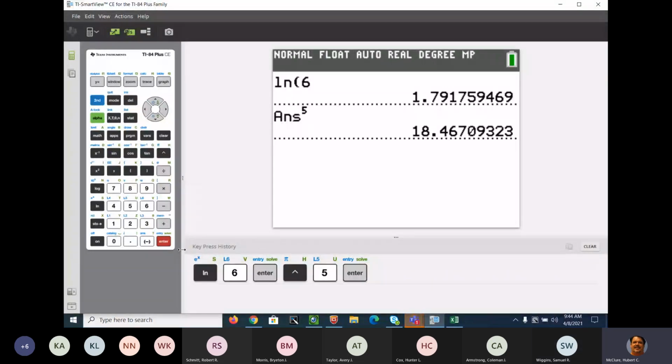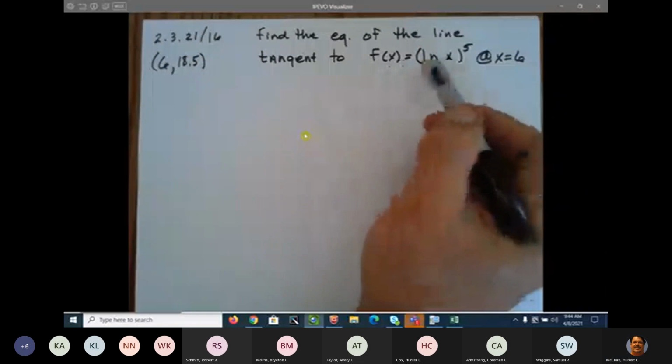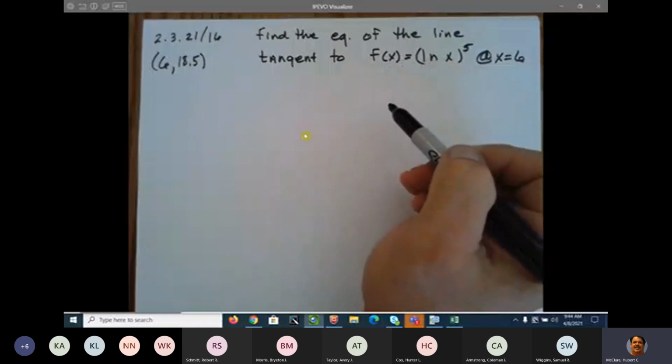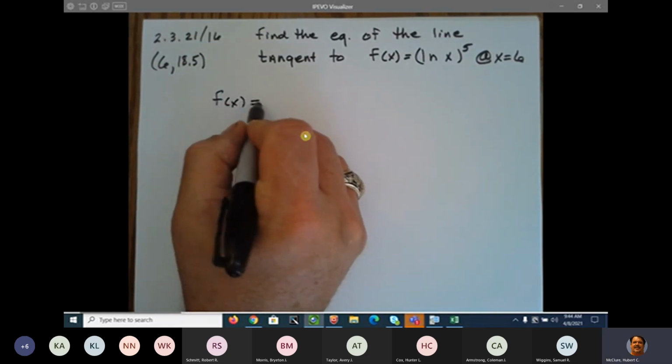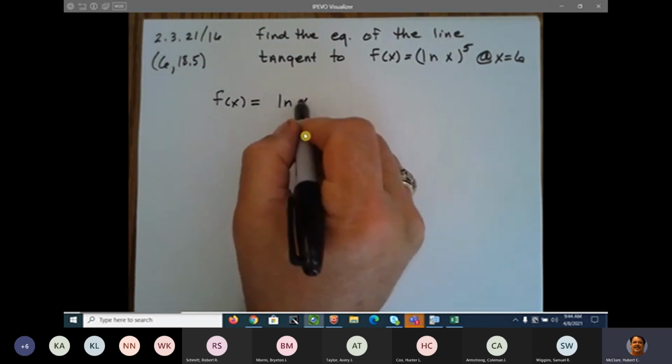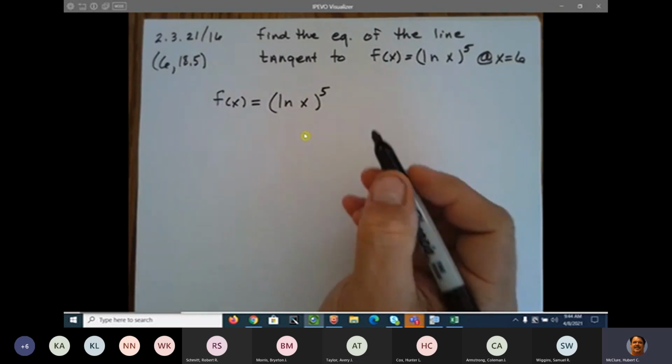Yes, sir. Thank you. All right, so we got our algebraic points, and we've got our algebraic equation, so now we just need to take the derivative. So f of x is equal to natural log of x raised to the 5th power, so we're going to use the chain rule.